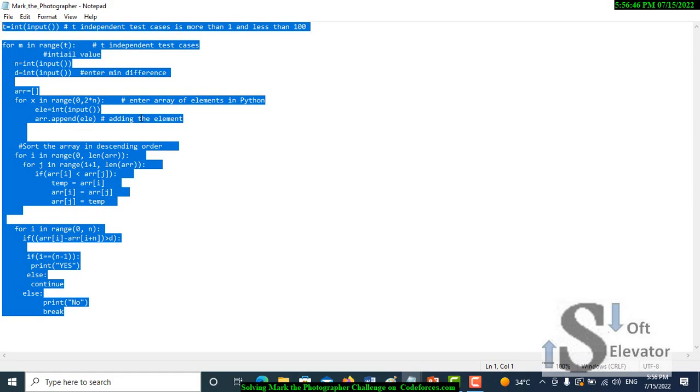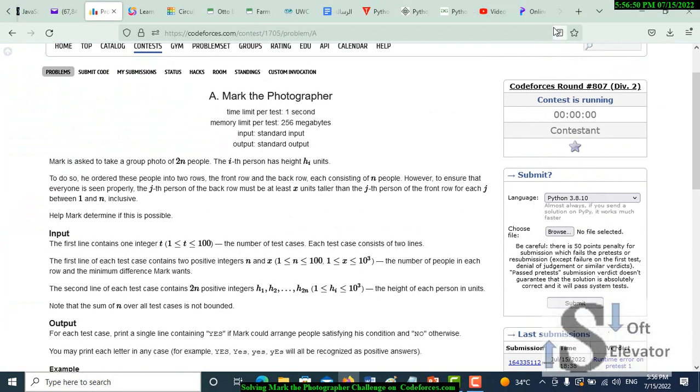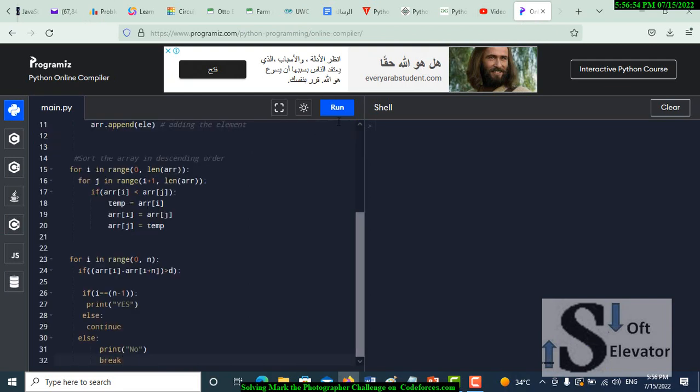Control C, and then here we put it in the compiler, Control V, and then run. The number of tests is 1, n is 2, the difference is 3. Here I will enter 4 items for the array.